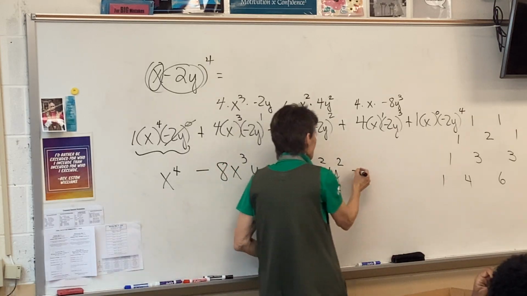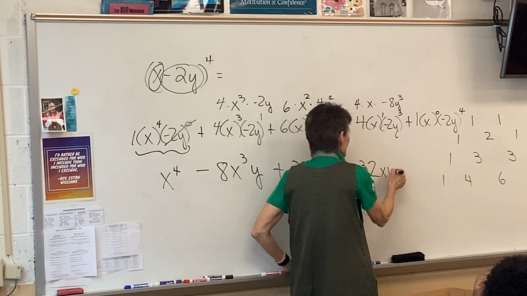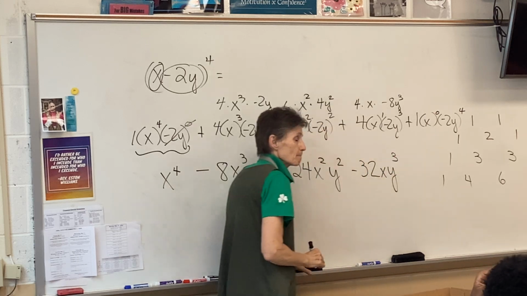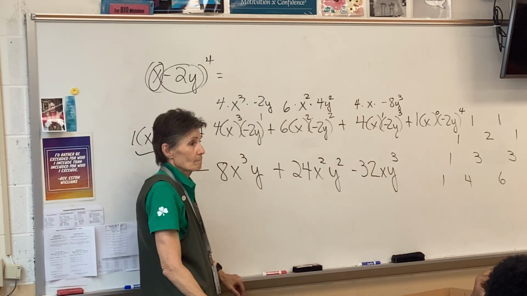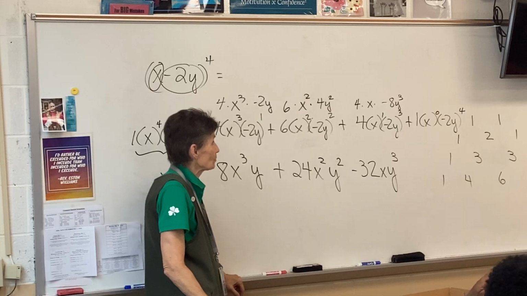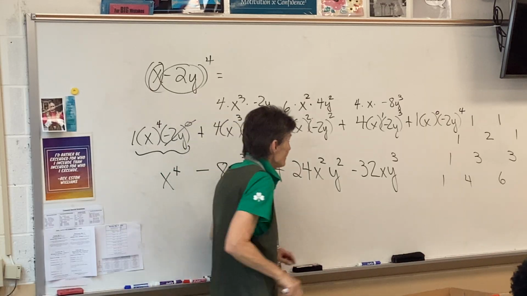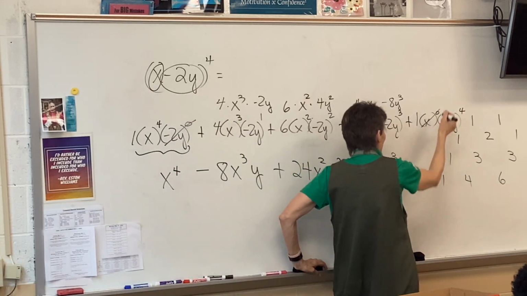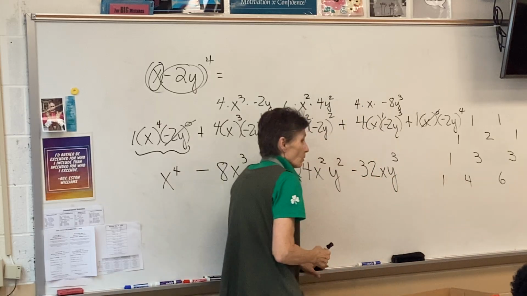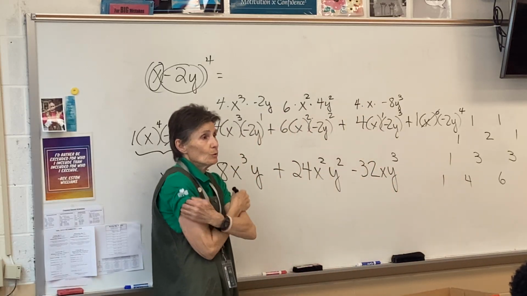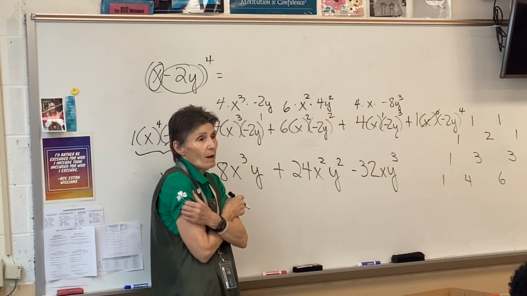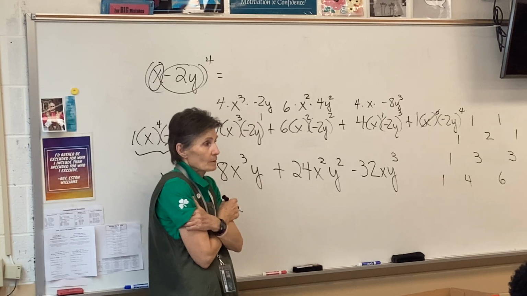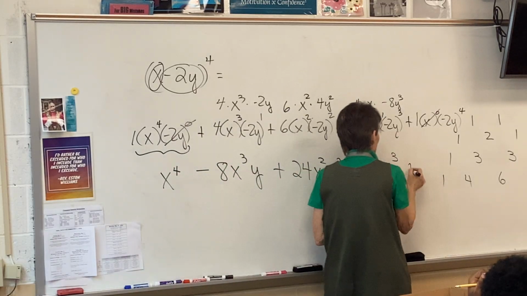So that's negative 32 xy cubed. And then finally on the end, that's gone. What's negative 2 to the 4th power? 16.